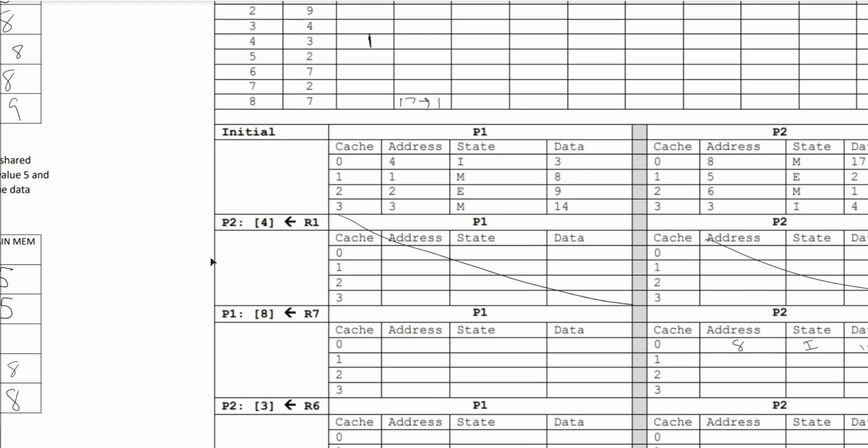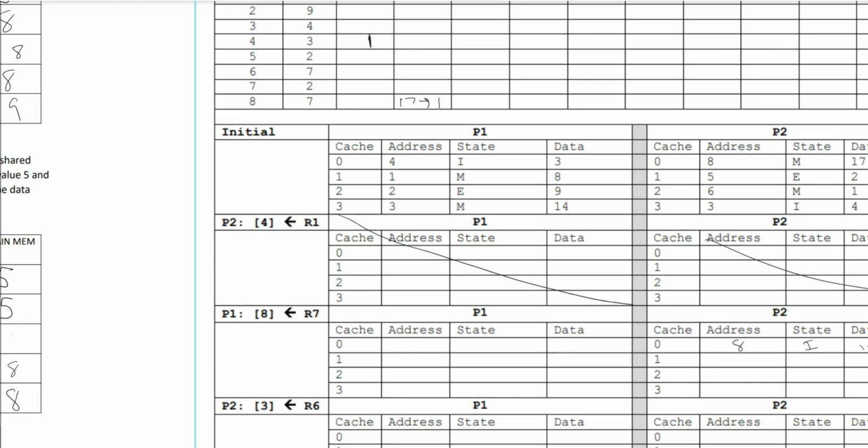Another store. Processor 2 for address 3 is invalid. Okay, the address is there, but it's invalid, so we don't allocate on write miss. Does the other cache have it? Okay, it does. So it's the same thing.